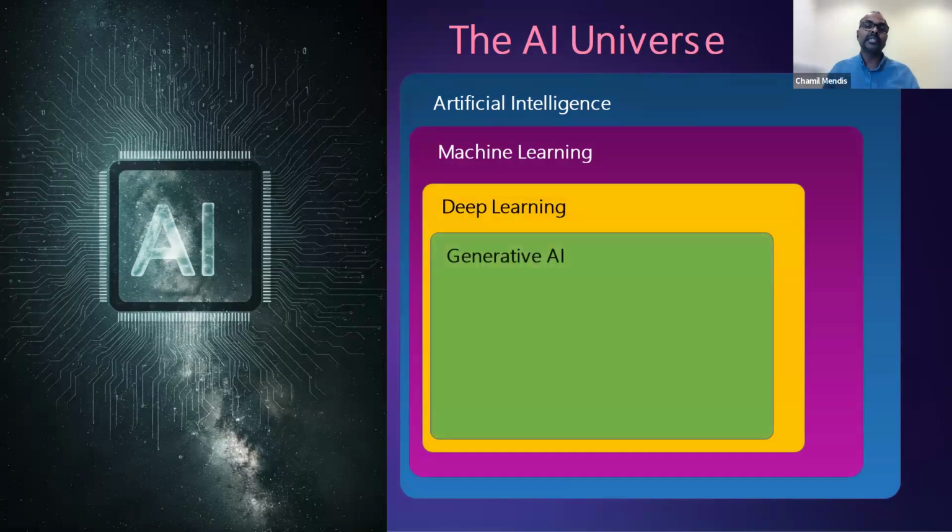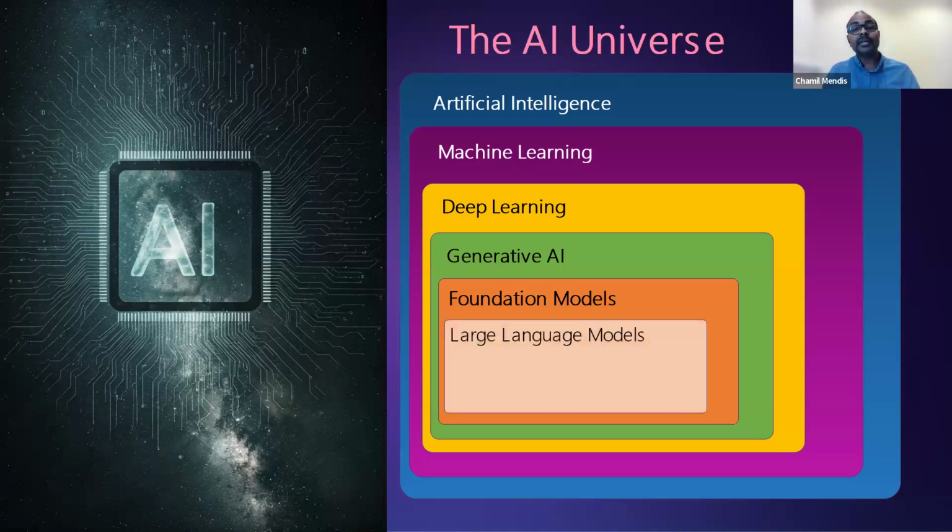Then you will see generative AI, and then foundation models. Foundation models are a subset of generative AI, deep learning is a subset of machine learning, and machine learning is a subset of artificial intelligence. It is better to understand this landscape so that you know where generative AI is positioned within it.